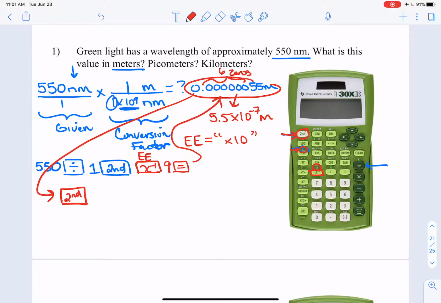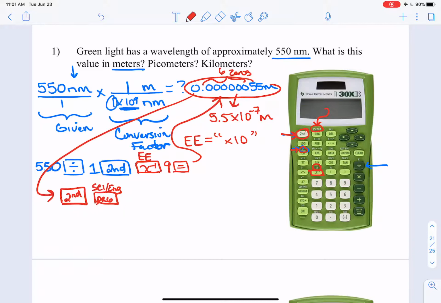And what we're after is the SCI ENG above the DRG. So then we're going to hit the DRG button because we want the SCI ENG.